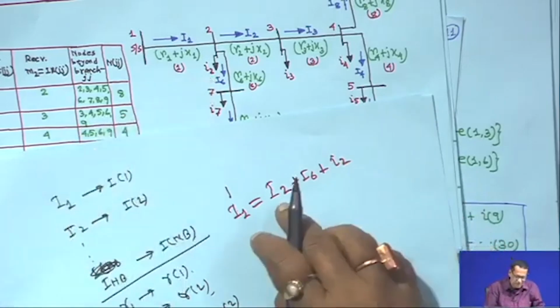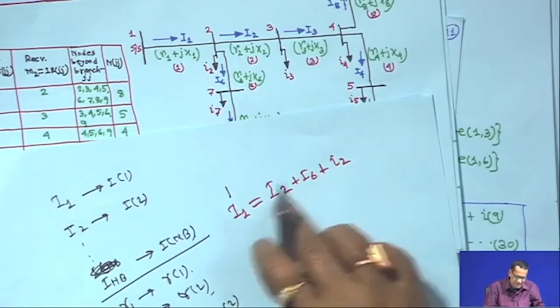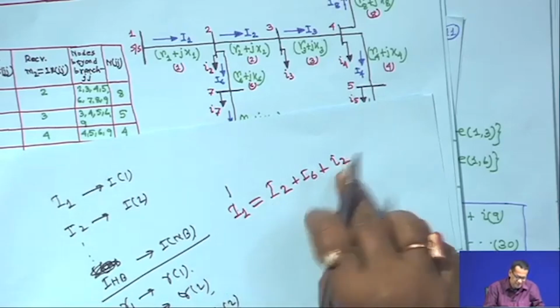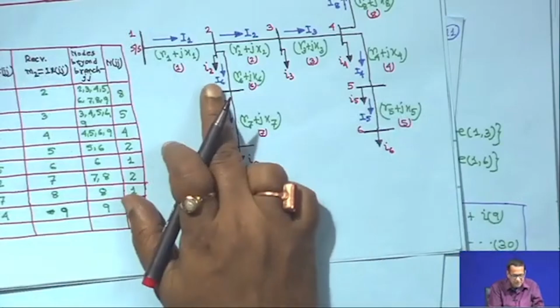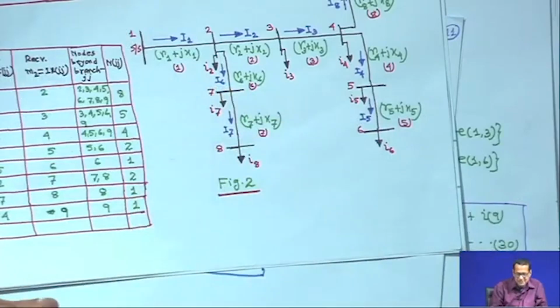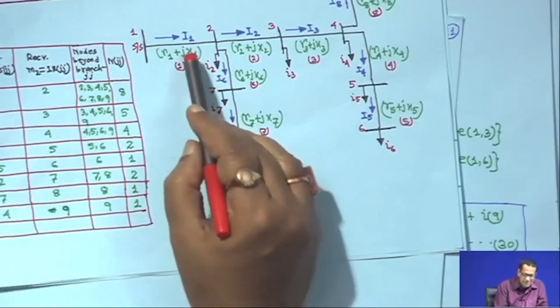But if you substitute I2 also, ultimately I1 is equal to all the load currents I2 plus I3 plus I4 plus I6, I mean whatever is coming beyond each branch.